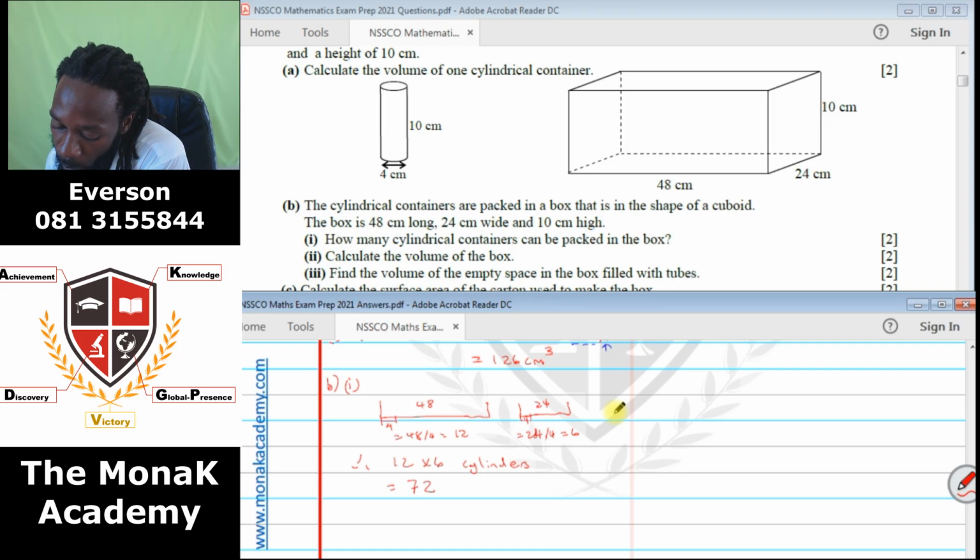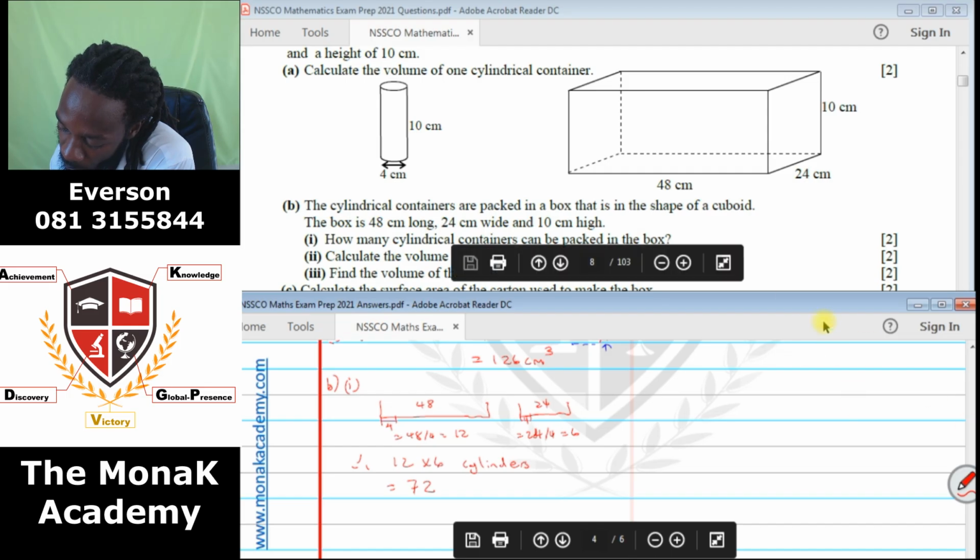From there, calculate the volume of the box. Okay, that should be easy.